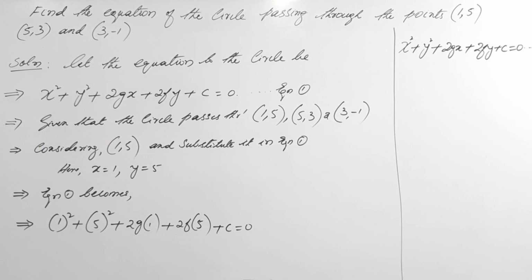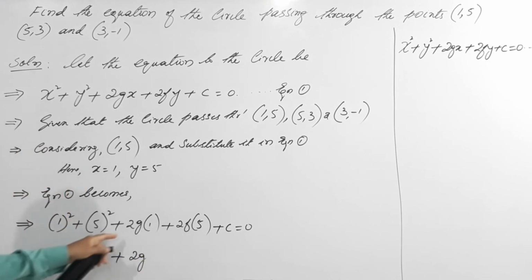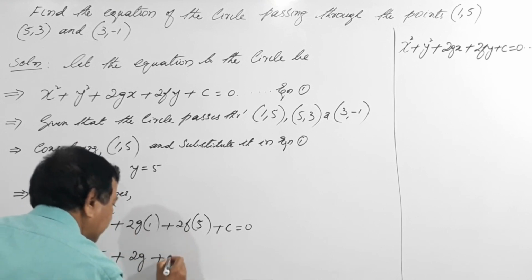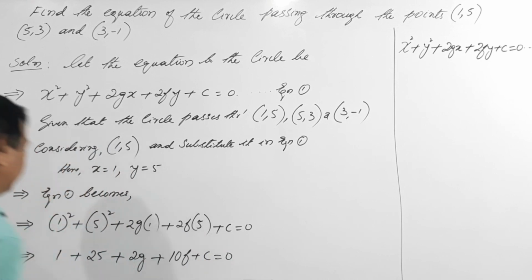Let's solve this. This becomes 1 plus 5 square is 25, plus 2g, plus 2 into 5 is 10f, plus c equals to 0.